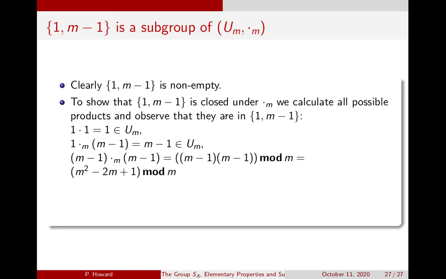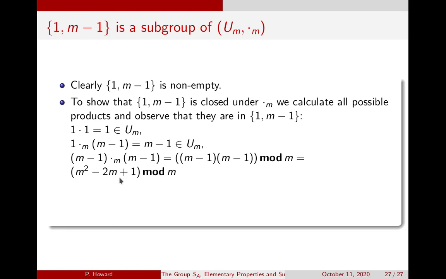And finally, multiplying m minus 1 times sub m minus 1 requires a little bit of calculating. By definition, that is m minus 1 times m minus 1 mod m. Multiplying out gives us m squared minus 2m plus 1. And now we're using the inserting and deleting multiples of m lemma.